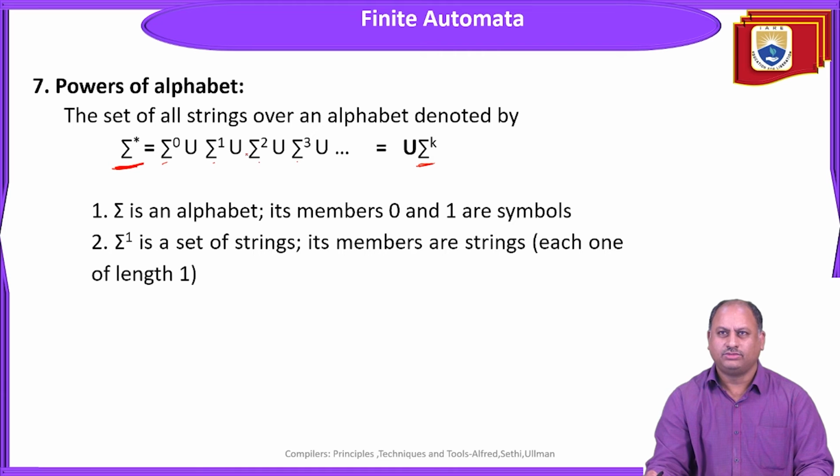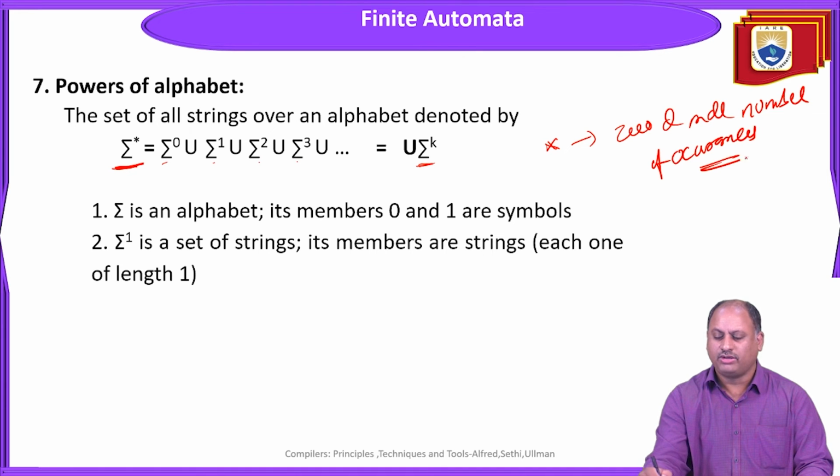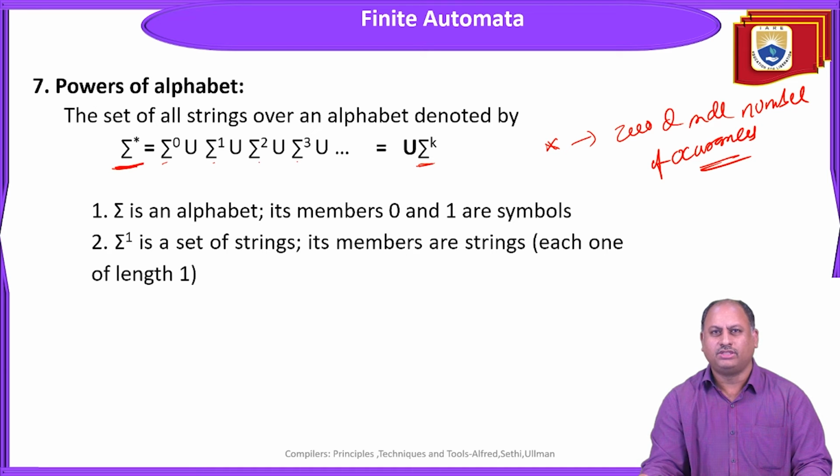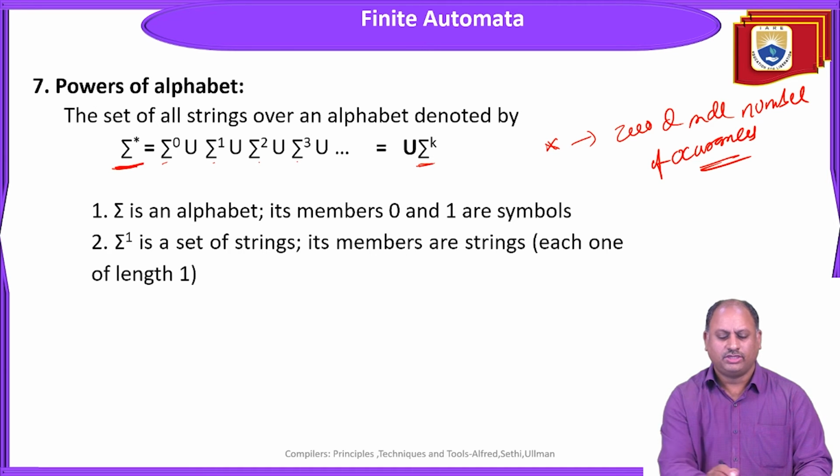All the powers that are to be denoted here are called sigma power star. The star is used to represent 0 or more number of occurrences. That means how many times sigma appears is based on the value of k. So here that is simply denoted as star.